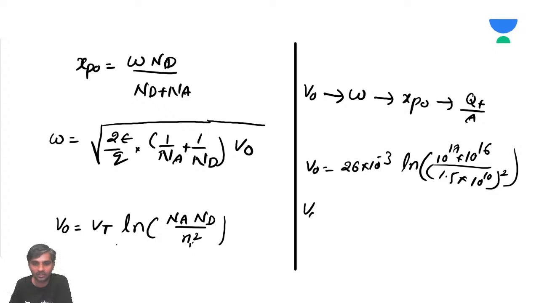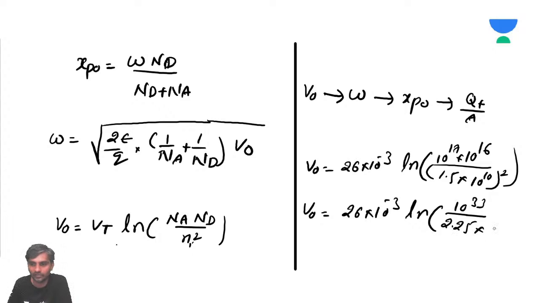So what you'll get is V naught is equal to 26 into 10 to the power of minus 3 into ln of 10 to the power 33 by 1.5, 1.5 into 15 is 225, 2.25 into 10 to the power of 20.